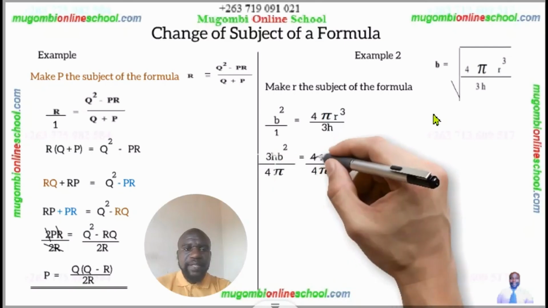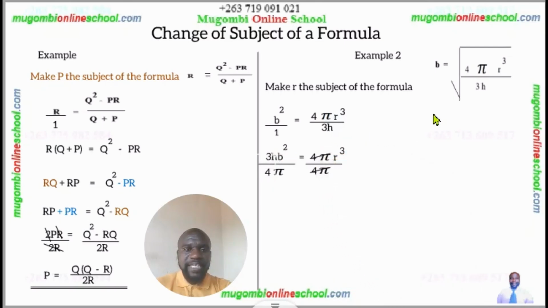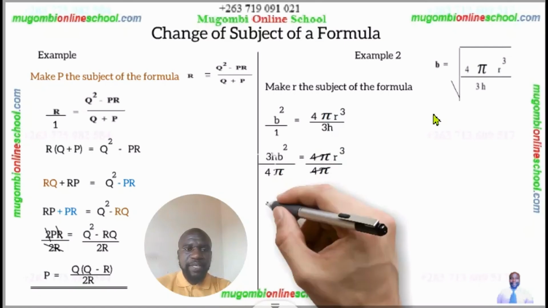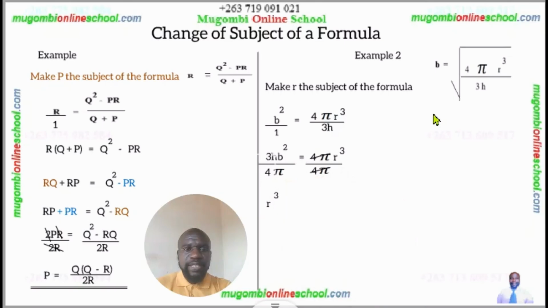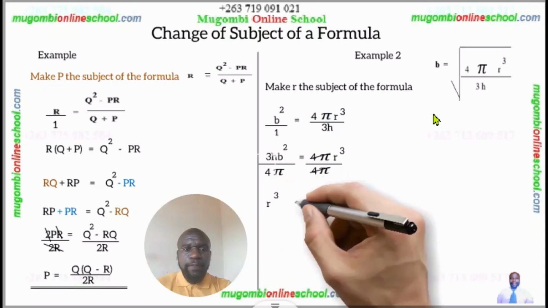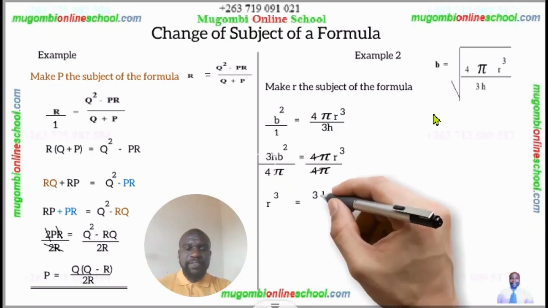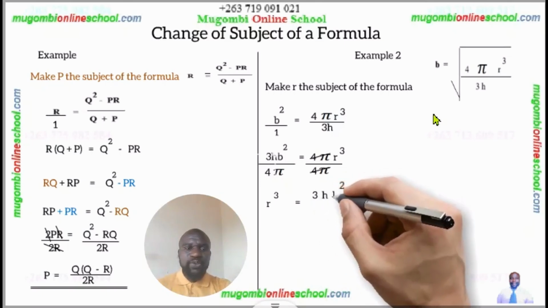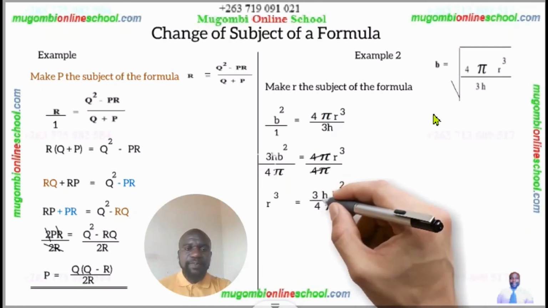Then the next step, we divide everything by 4 pi, and we remain with r cubed is equal to 3hB squared over 4 pi. We have just rearranged: what was on the right we have put on the left, and what was on the left on the right. There is no change of sign, because it's just rearranging.